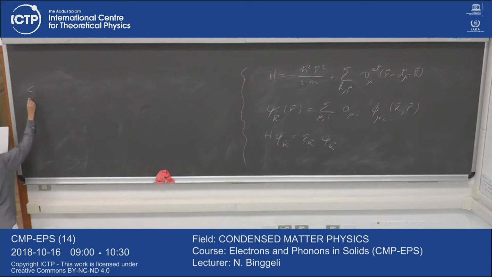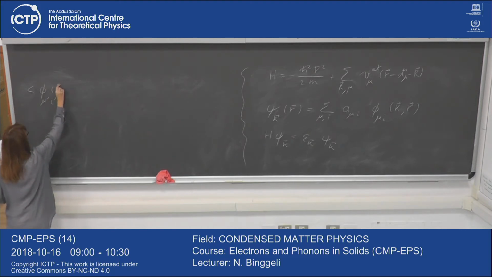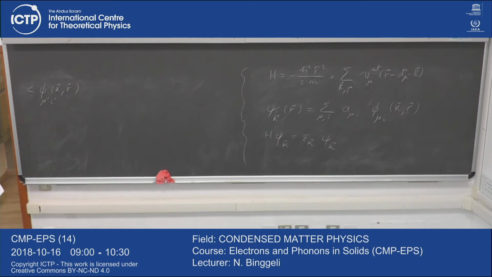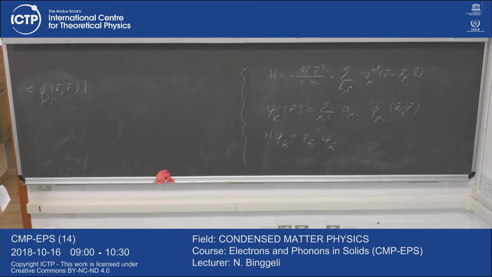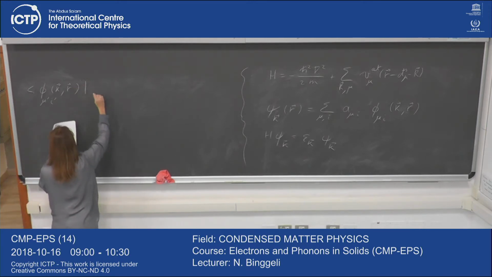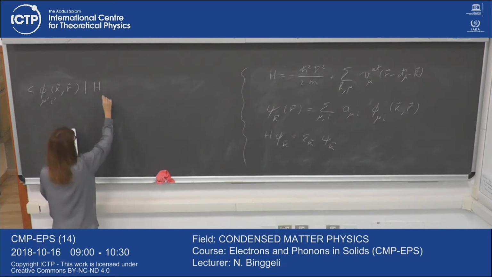So I will do like in the case of the plane wave basis, I will multiply by the complex conjugate of the basis function mu prime i prime for the same k. And I will multiply then this, the complex conjugate of this basis function, times the Hamiltonian acting on my function k.